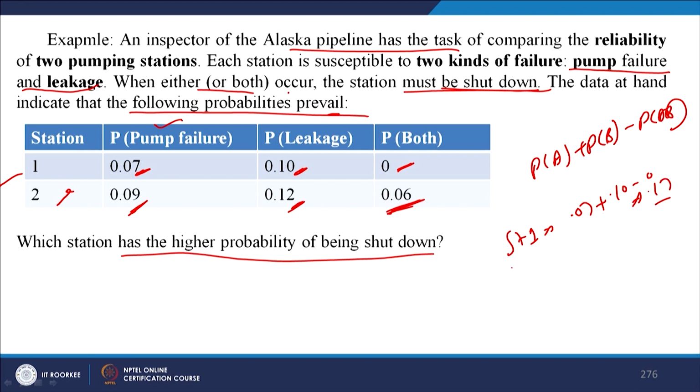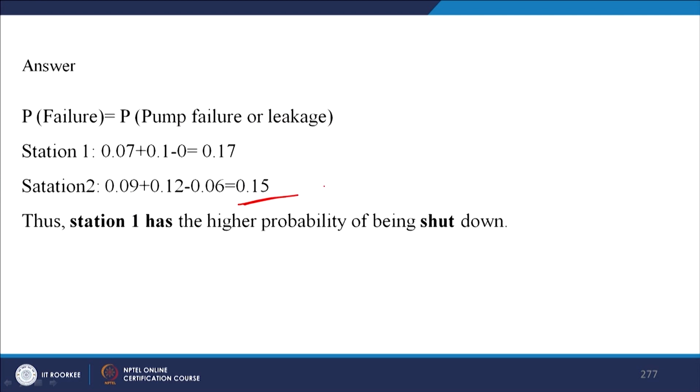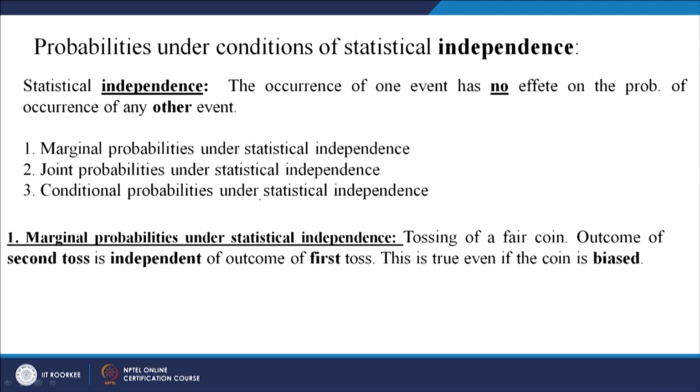Similarly, you can calculate for station 2, just add these 2 and subtract this. So, 0.09 plus 0.12 is 0.21 minus 0.06 is 0.15. So, which station has got the higher probability of shutdown? Station 1. Its probability is 17% compared to 15%.